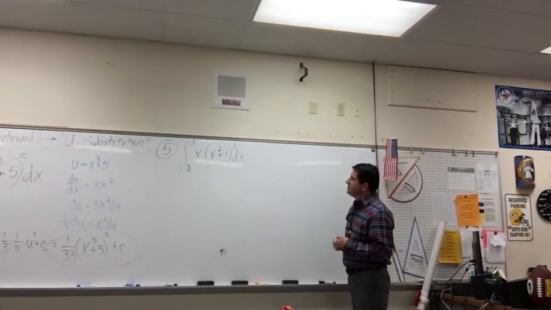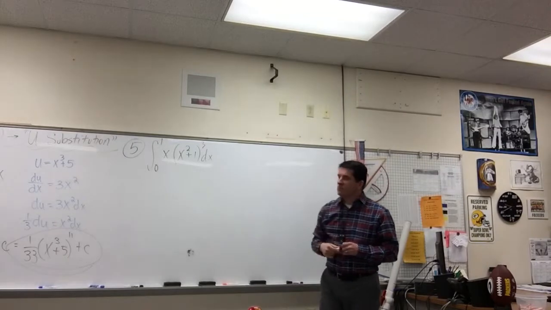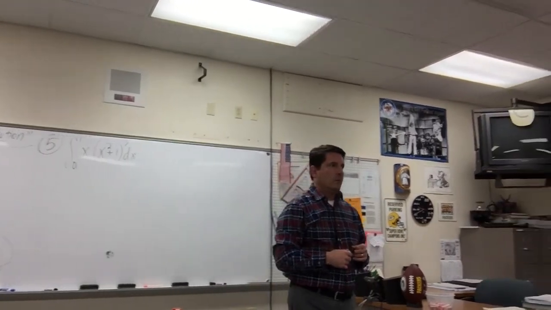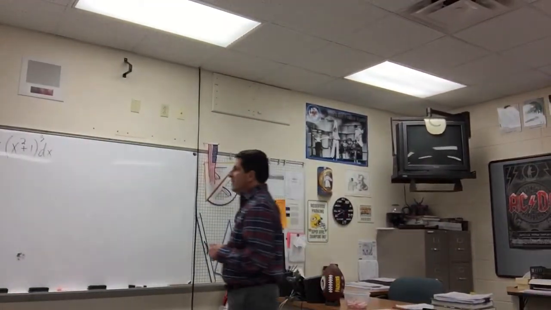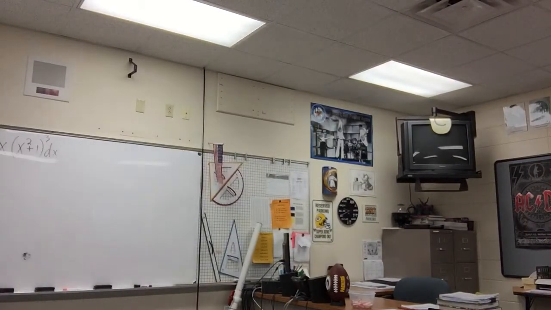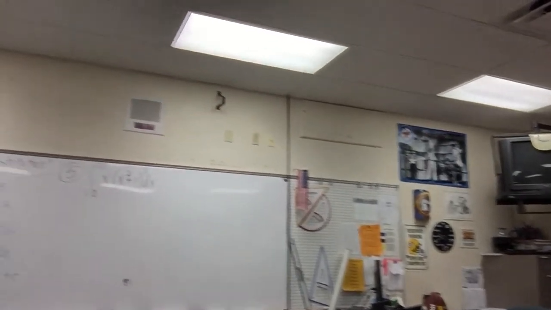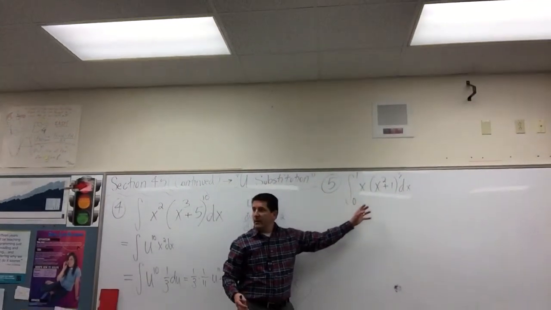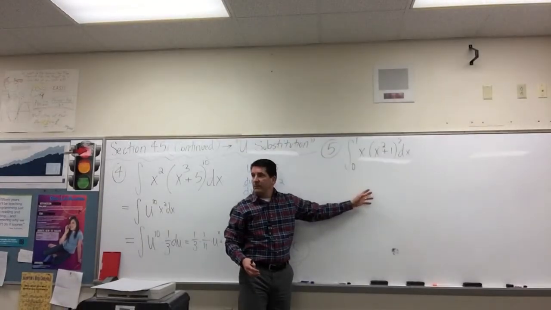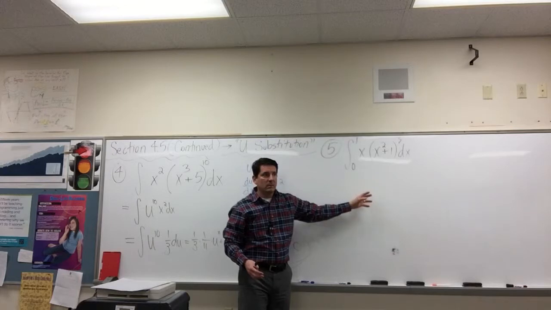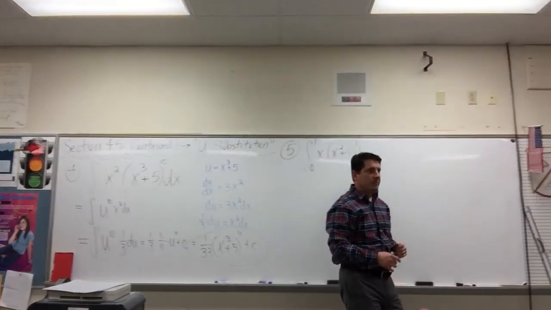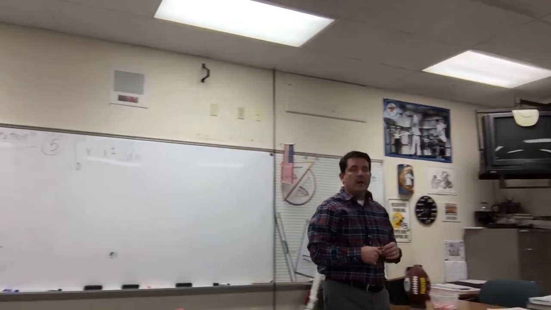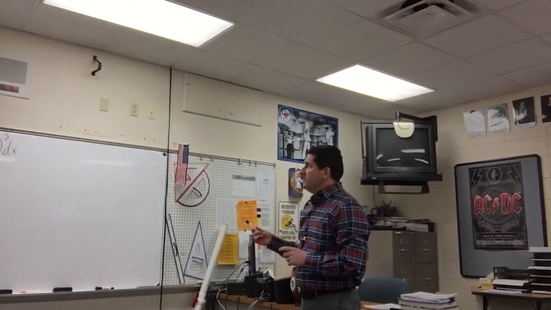The only difference that we have here is that after you do all this, then you have to evaluate it at 1 and evaluate it at 0. You know what I'm saying? Okay, you go for it, and then I'll do it up here in a little bit.